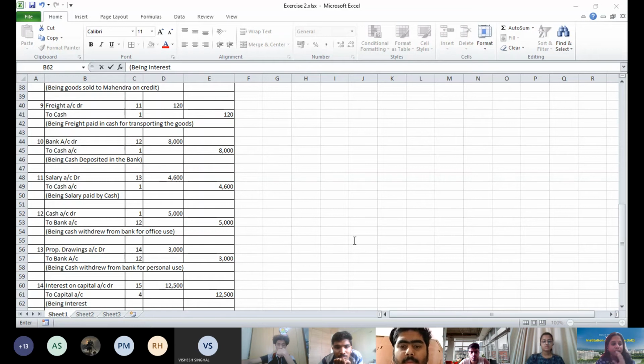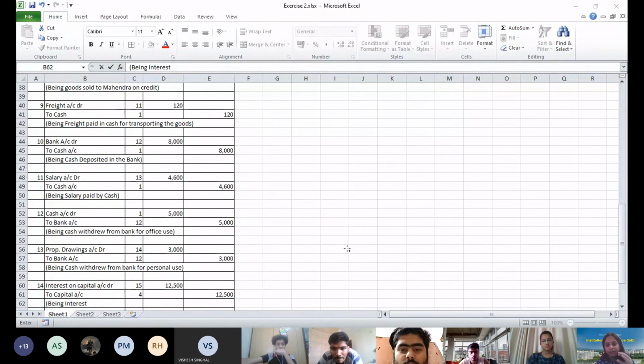Charged interest on capital, it's a nominal expense. Am I right? Nominal and personal are coming in. Vishesh, are you able to understand? Yes, ma'am. So for a nominal account, what is the golden rule? Debit all expenses and losses, credit all incomes and gains.